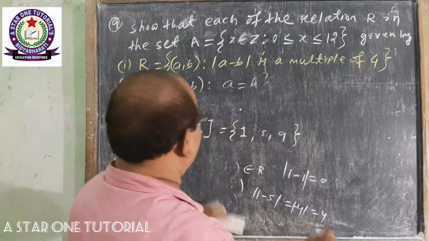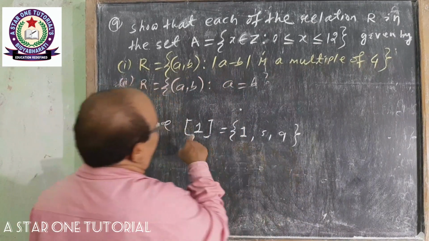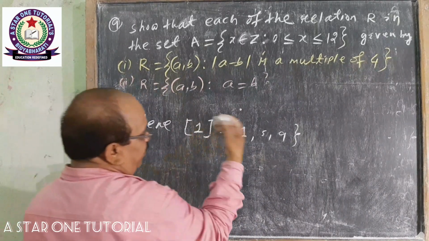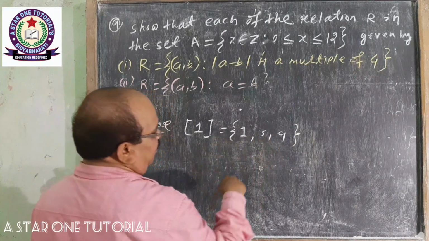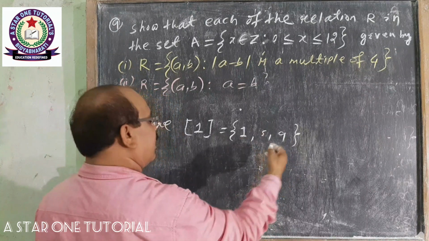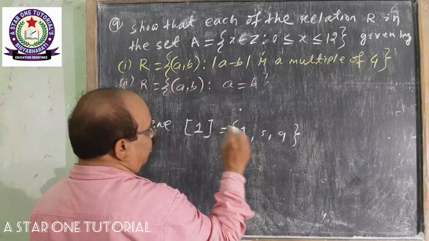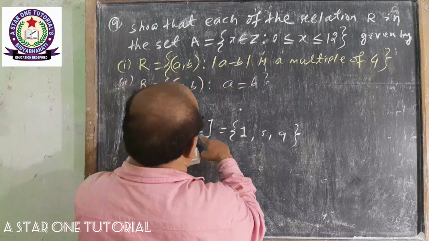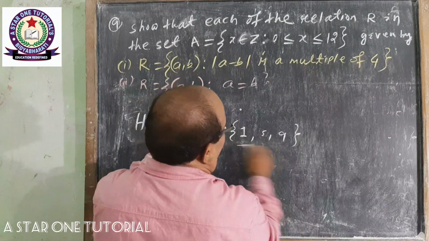If you take any element of this set with 1, then that pair must belong to the relation R. You take (1, 1), (1, 5), (1, 9), (5, 1), (5, 5), (9, 9), (9, 5), (5, 9) and so on. The difference between those two elements must be a multiple of 4. Therefore the equivalence class of 1 contains these three elements. So this is the required answer.